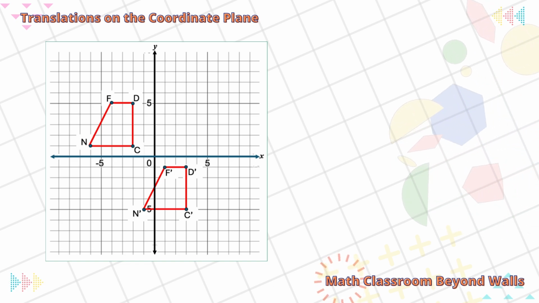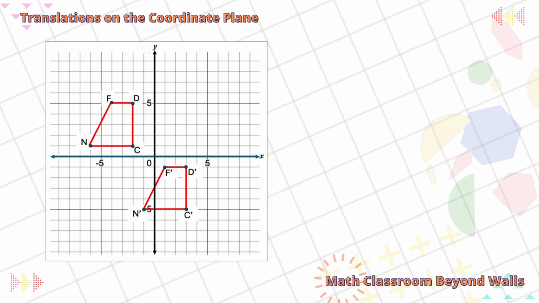Right, translation. What is in the illustration that tells you that translation took place here? You are correct. The orientation of the preimage and the image are the same. What else? You're again correct. Quadrilateral NFDC is pushed to the right and then pushed down, producing quadrilateral N prime, F prime, D prime, C prime.